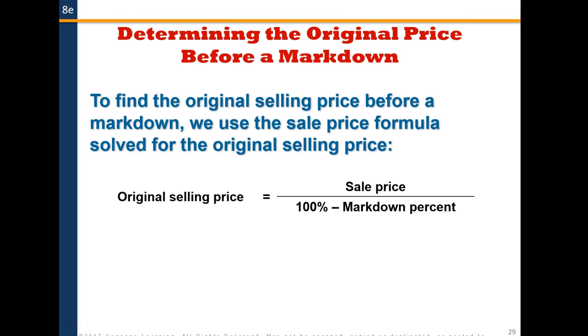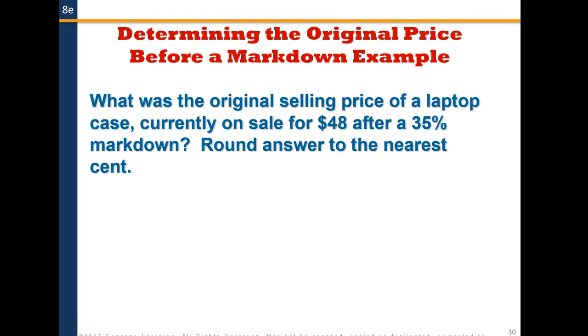So now let's take a look at determining the original price before a markdown. The way that we do that is the sale price divided by 100% minus the markdown percent. So in this problem, the original selling price of a laptop case, which is currently on sale for $48 after a 35% markdown.